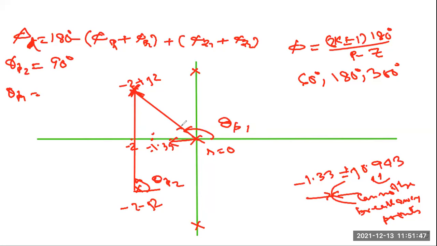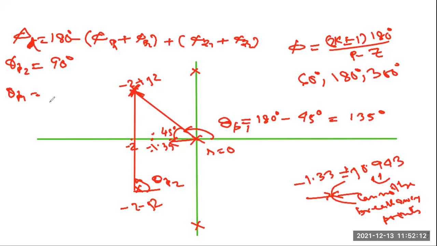So this angle is how much? 45 degree. Very good. If you subtract it from 180 degree, this value will be 180 degree minus 45 degree. So that means this angle is 135 degree.